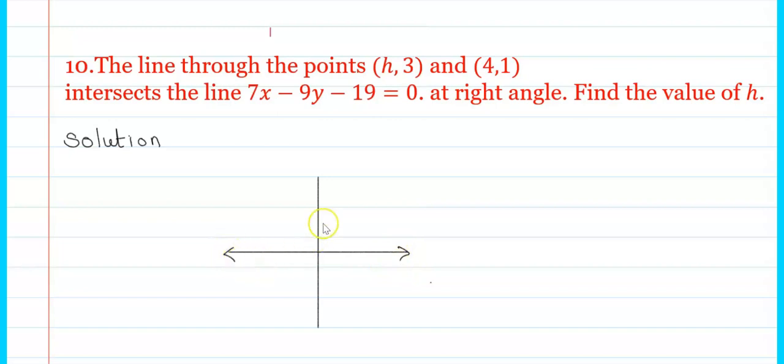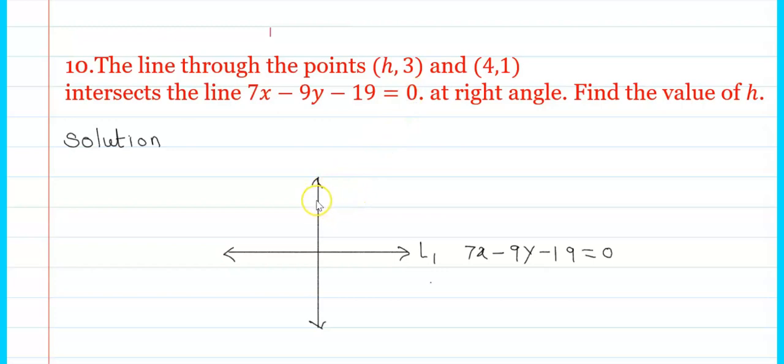These are the two lines. The first line is L1, whose equation is 7x minus 9y minus 19 is equal to 0. Suppose this is the second line.